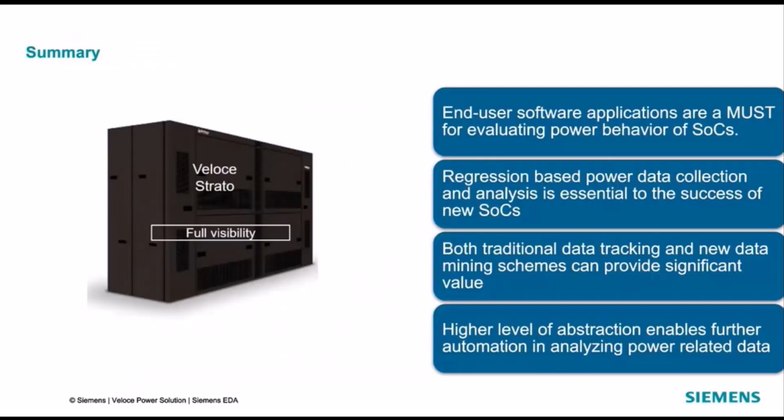So in summary, Veloce Strato has the capability of full visibility and has the highest capacity. You can run 10 plus billion gate designs easily with the stability of the system. It is architecturally designed to handle huge designs, and you can run your end user software application on it and collect the power behavior of full SoCs.